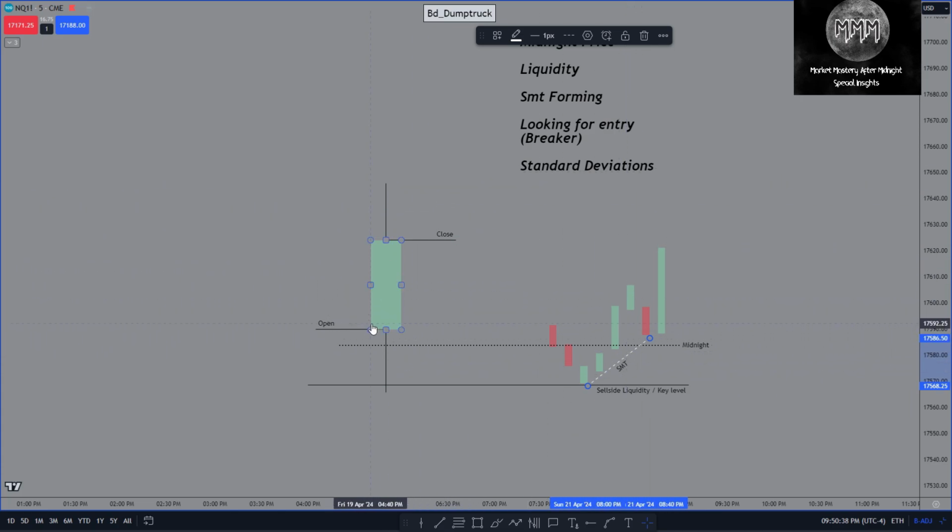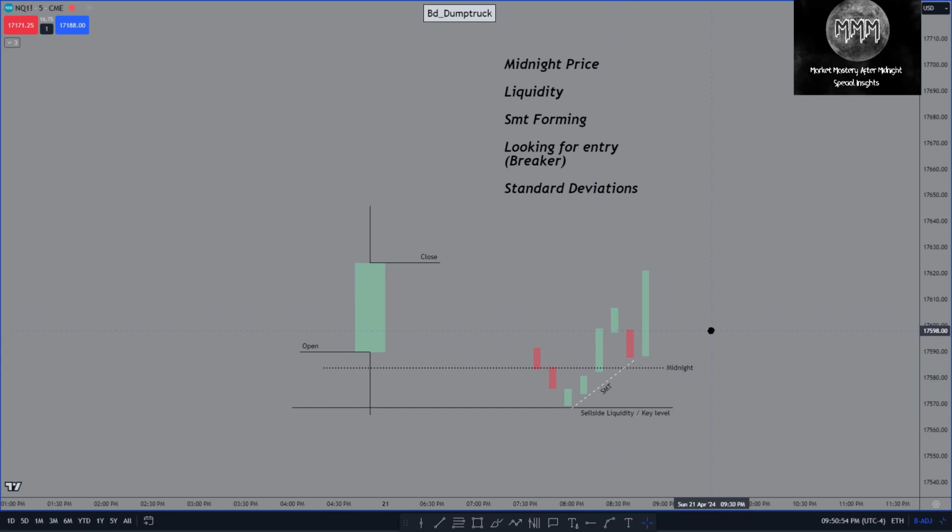We have not seen any real manipulation above the open. So then they're going to give that move above the open, retrace to the breaker, SMT, and then boom, distribution up. The amount of times and how accurately this works within a candle is mind blowing.